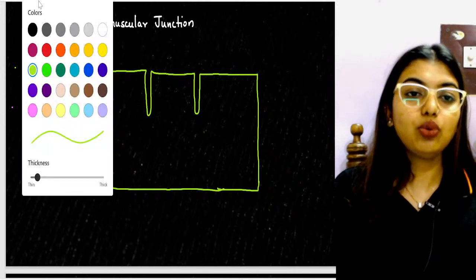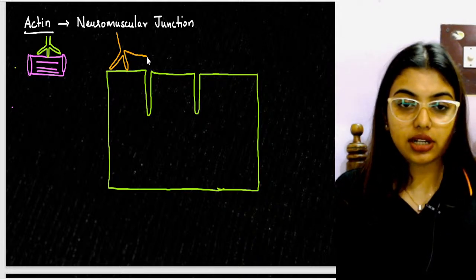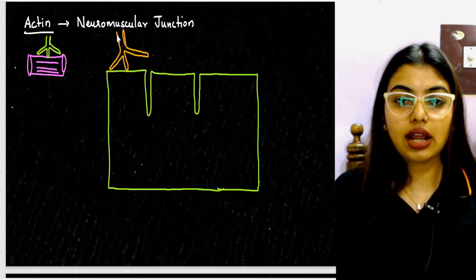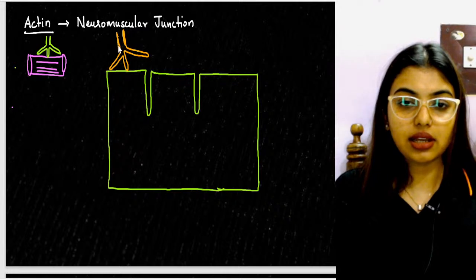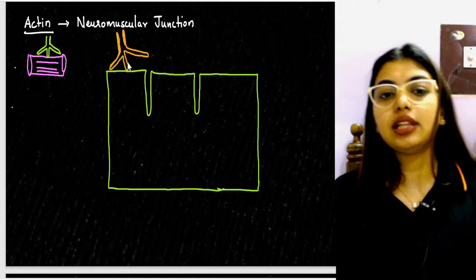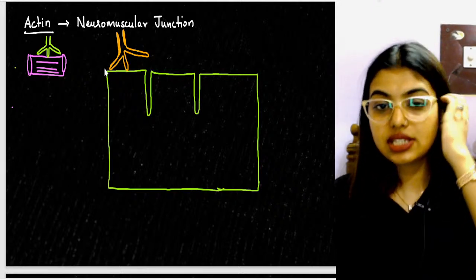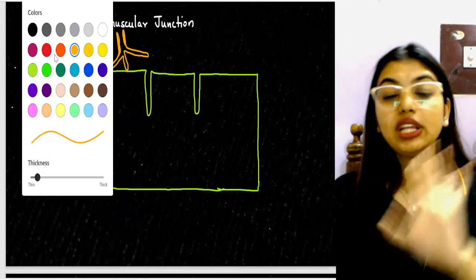Now when a nerve impulse is being carried, let's say this is a nerve impulse, and let's say this is happening inside the muscles. This is going to be an axon ending. Now it sends a signal. Because of the signal, what is going to happen, students? Sodium influx will happen.